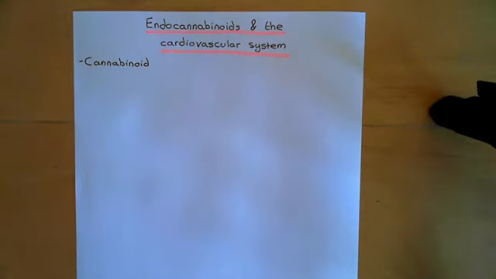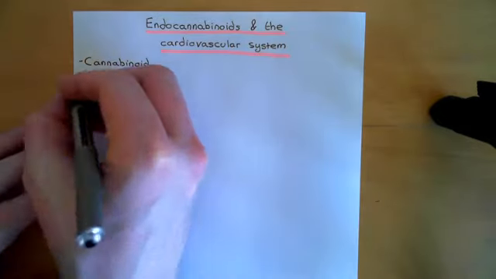A cannabinoid is any molecule that is capable of having a similar effect to cannabis, and we'll see much later what the active ingredient of cannabis is, delta-9 tetrahydrocannabinol. We'll have a look at that structure later on, but at the moment that's our definition of a cannabinoid: anything which is capable of inducing a similar effect within the body to the active ingredient of cannabis.